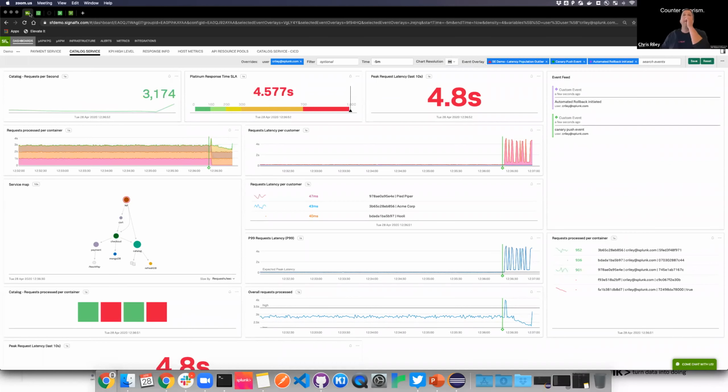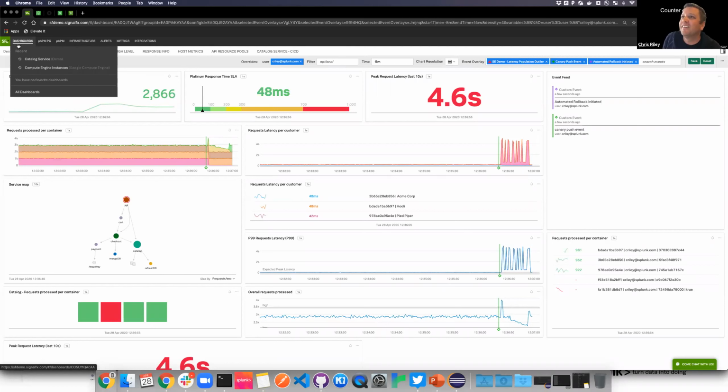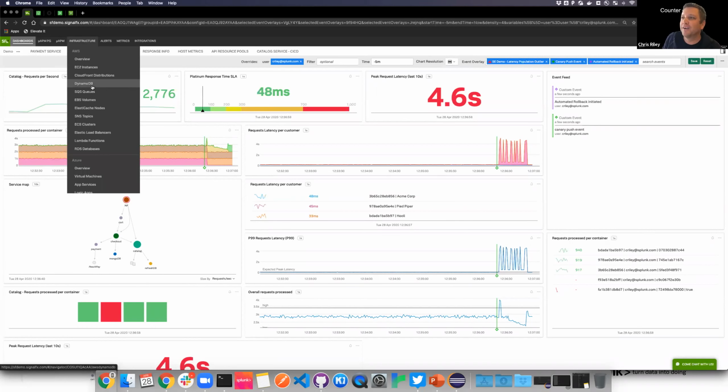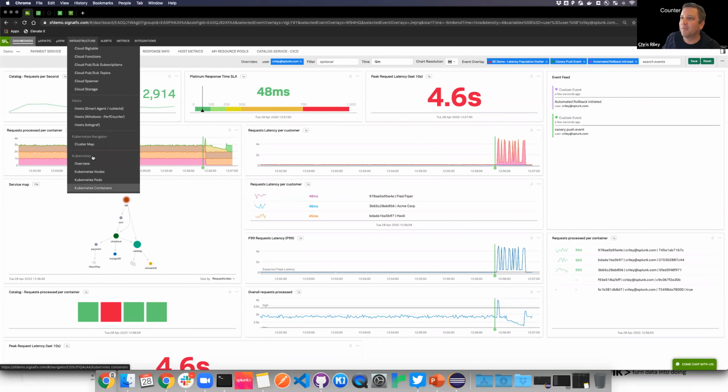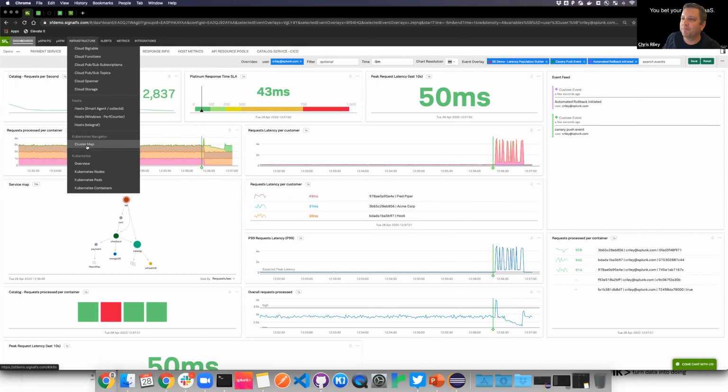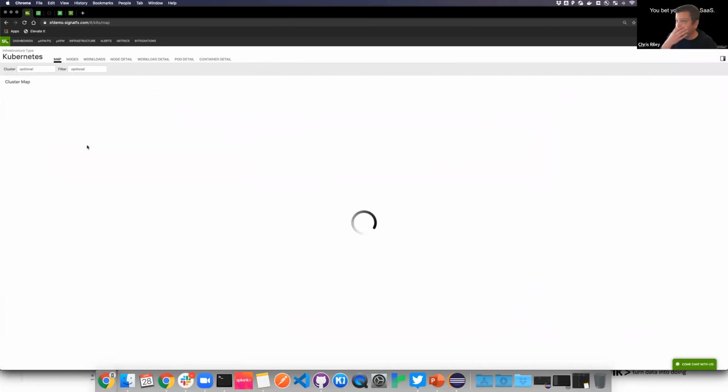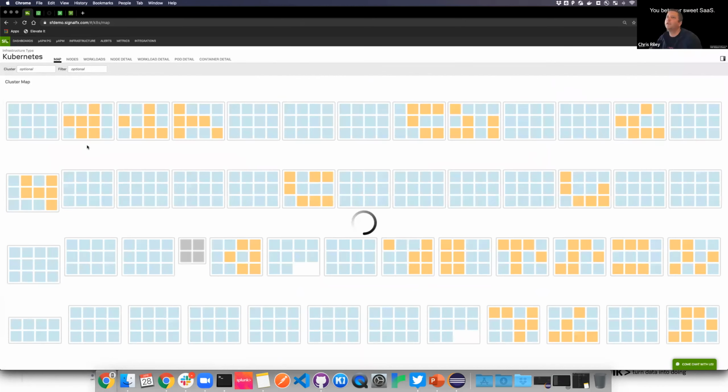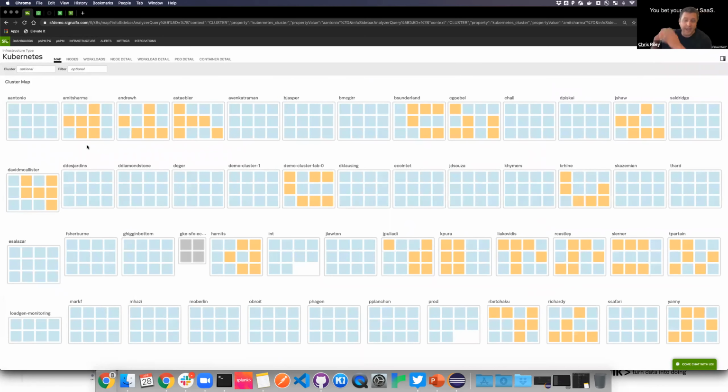Thanks. All right. Well, we're going to rewind. I might go through it a little bit quicker than I did last time, but I want to show you the Kubernetes Navigator that I was talking about. Again, this is the quick snapshot point of view of your clusters, your nodes, and your pods.